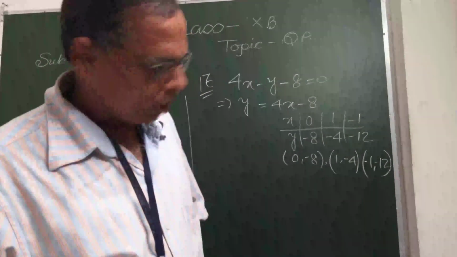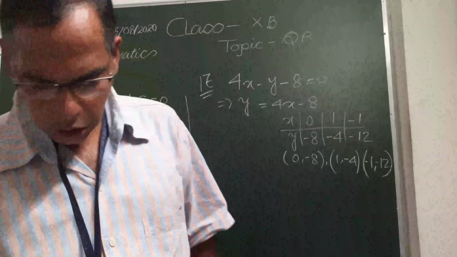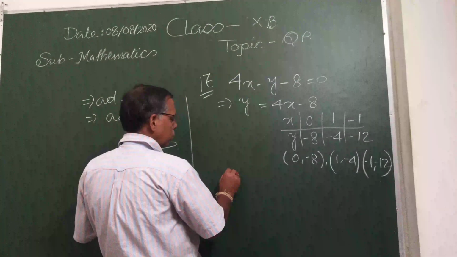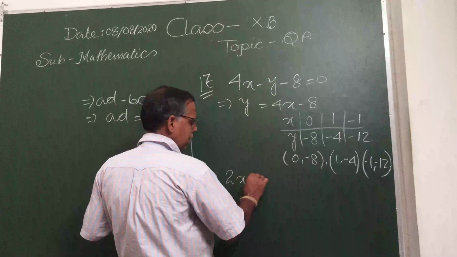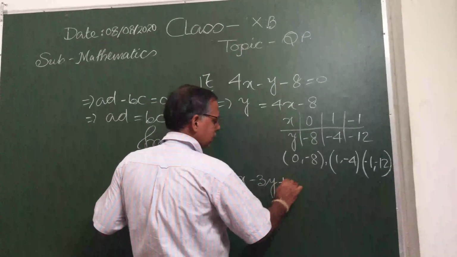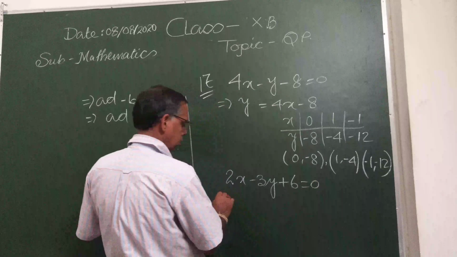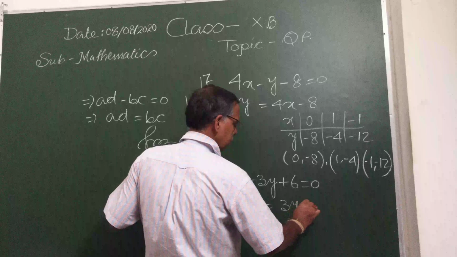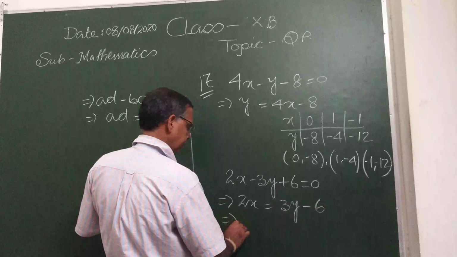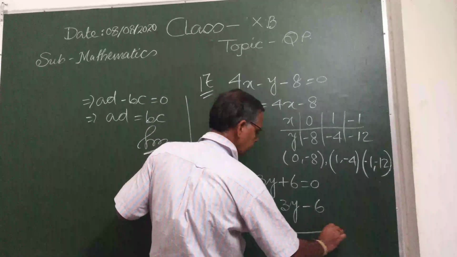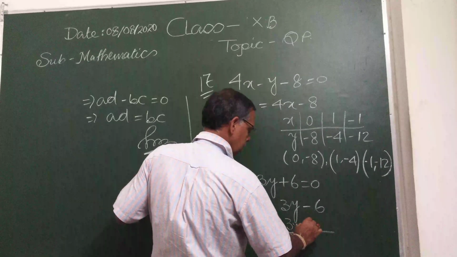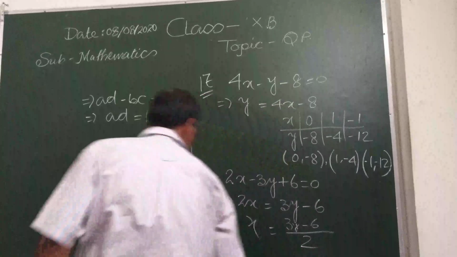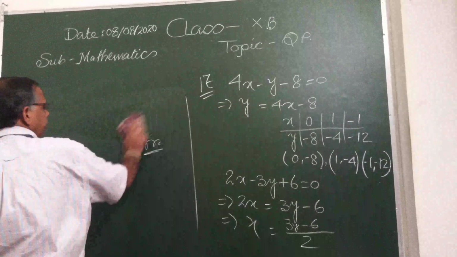Now next, let's see, next equation is twice x minus thrice y plus 6 equal to 0, implies what is that? Twice x equal to thrice y minus 6, x equal to (thrice y minus 6) by 2. So this one also you take out three set of values.